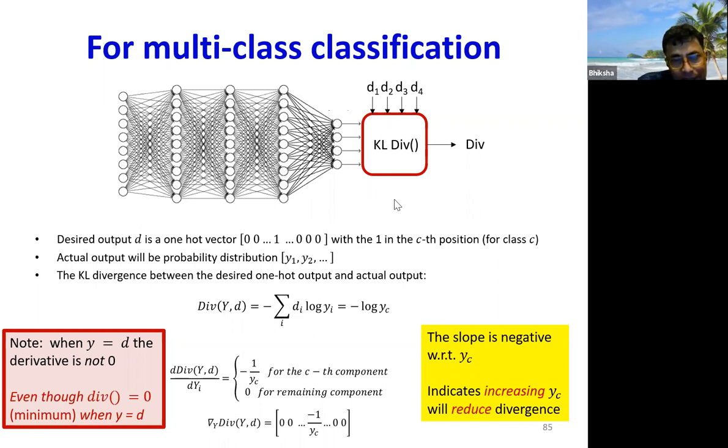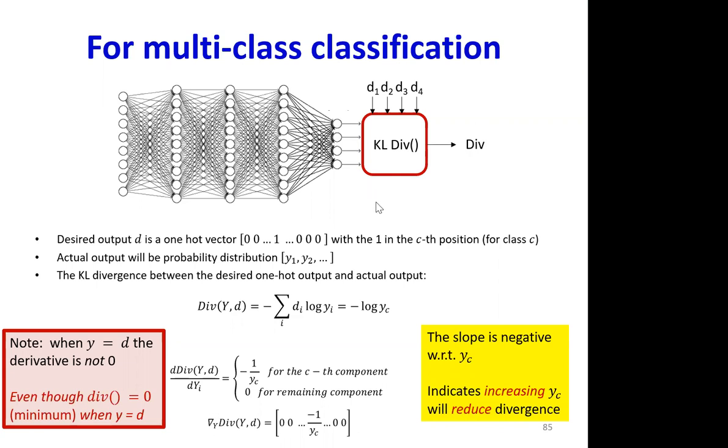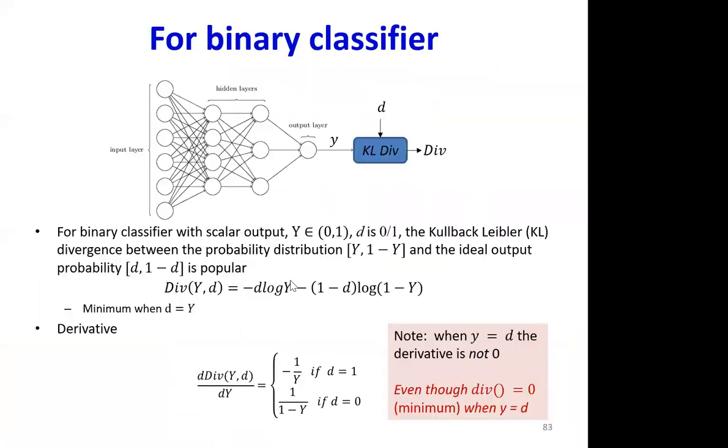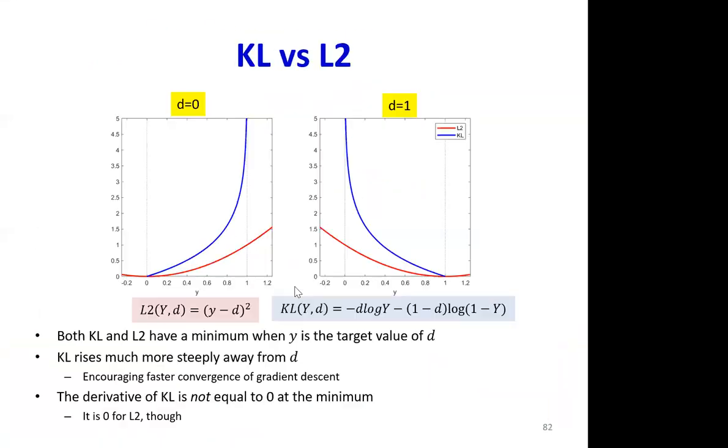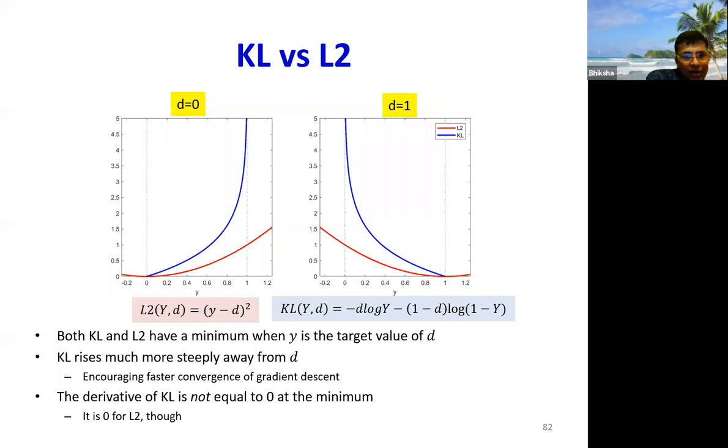Any other questions? Yeah, I had a question about the KL divergence loss. If even at the minimum, the gradient of the divergence is not zero, wouldn't that mean for using gradient descent, we have something like unbounded growth of the weights, if we're not careful about eta? So that's actually a good question, right?